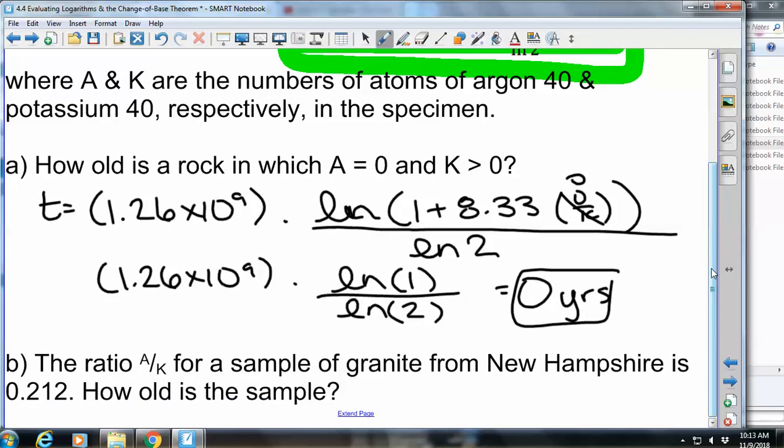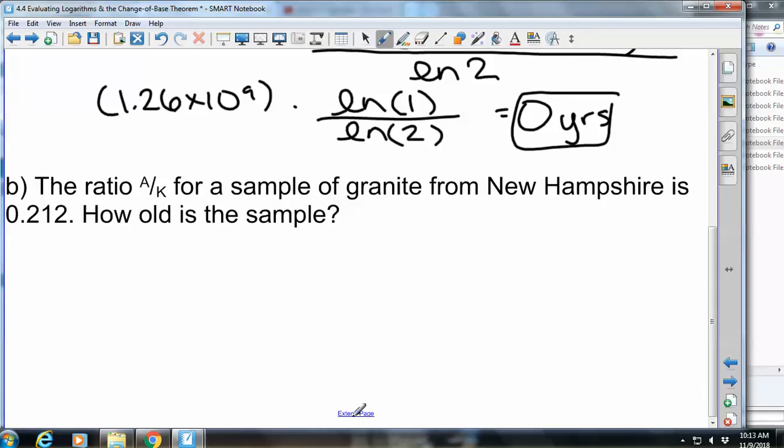Alright, part B. The ratio of A over K for a sample of granite from New Hampshire is 0.212. How old is the sample? So again, we're just going to our equation.